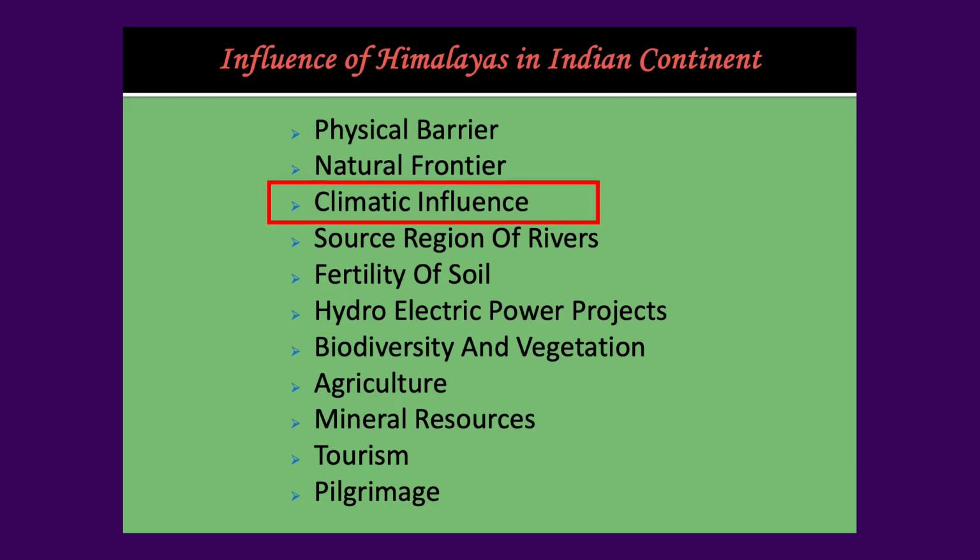Next one, climatic influence. Himalayas play a very important role in influencing the climate of India. India is a monsoon land only because of the presence of Himalayas. It traps the monsoon winds from the Arabian Sea and Bay of Bengal and forces them to shed their moisture content within the Indian subcontinent in the form of snow and rain.